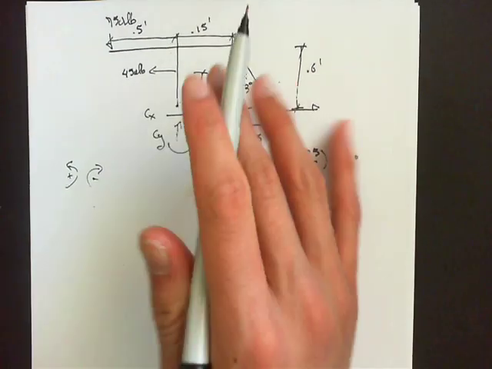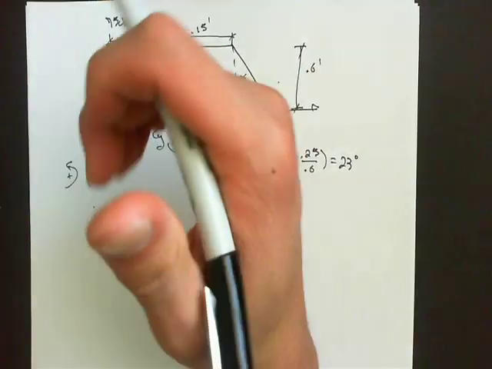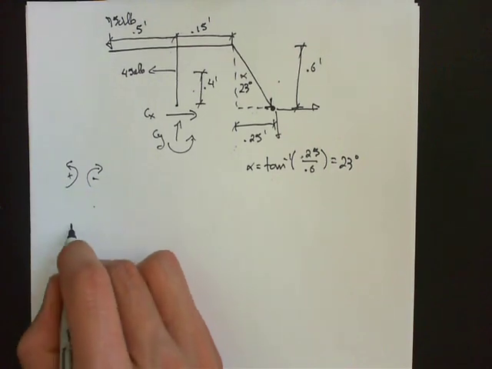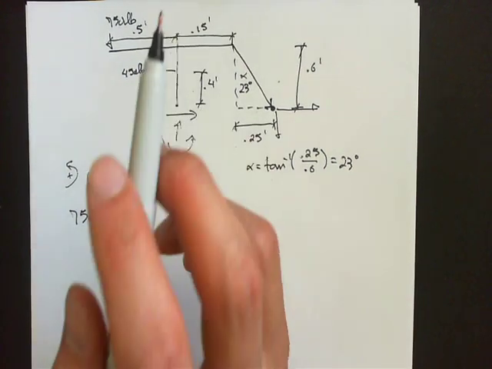Okay, so we'll start with the 750 pound force. It's clockwise, so it's negative. So minus 750 times 0.5 for its moment arm.